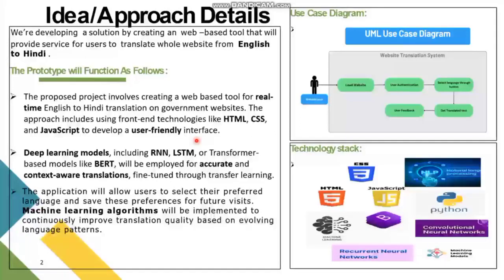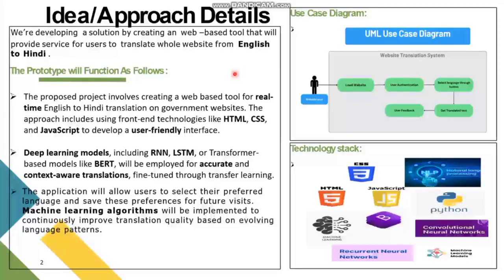If the user wants English, he can click on the English button and get the whole website translated into English. And vice versa, if the user wants the whole website in Hindi, he can click on the Hindi button and get the whole website translated to Hindi.